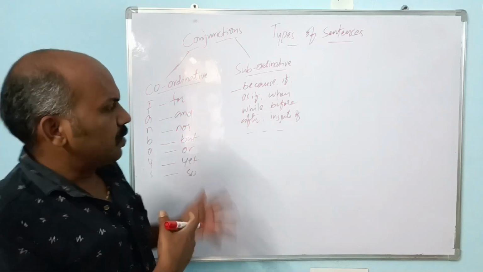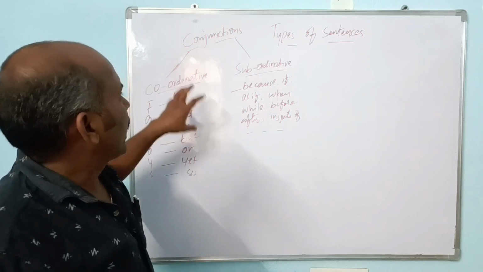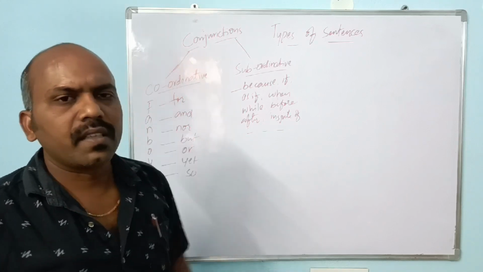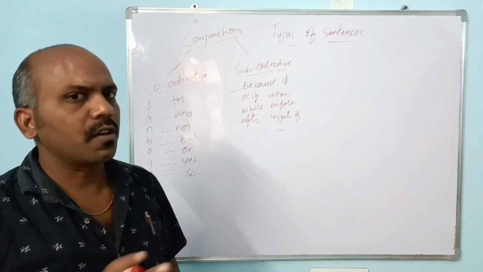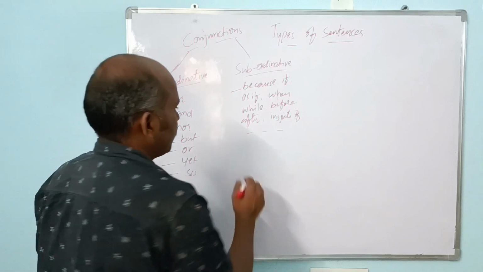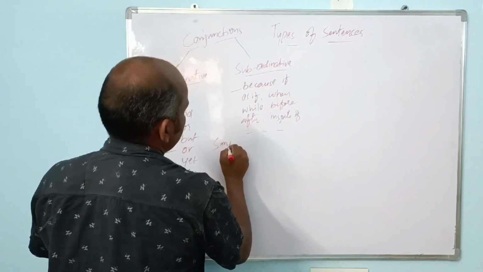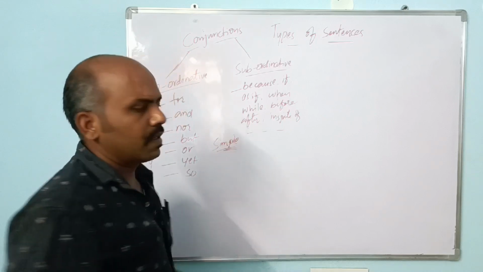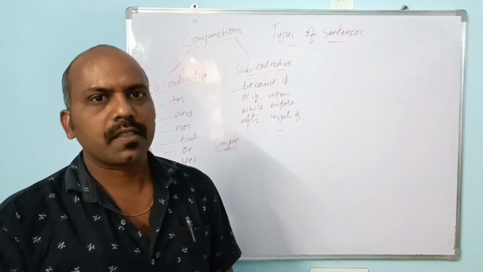Now why do I give all these things? Because with just an idea on conjunctions, we can find whether a sentence is compound or complex. Before going to that, we first have to know the simple sentence. A simple sentence is normally a sentence which comes under any one of the tenses.